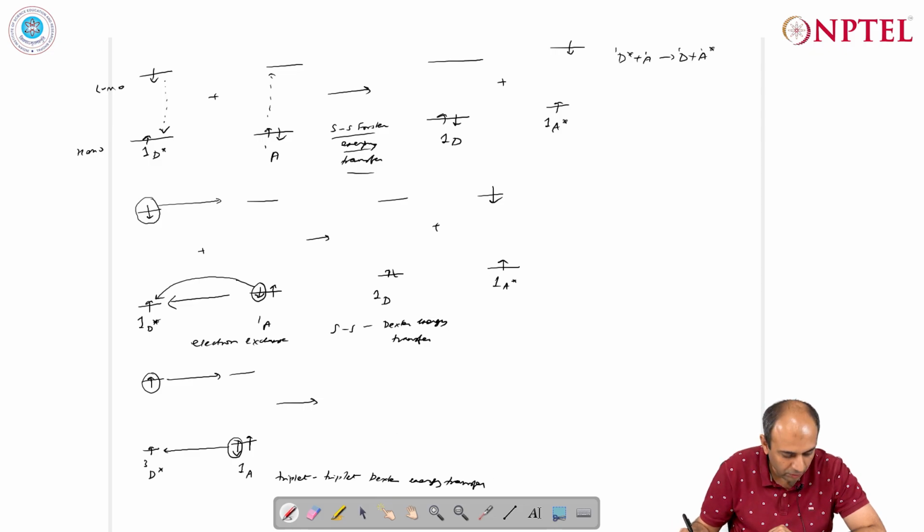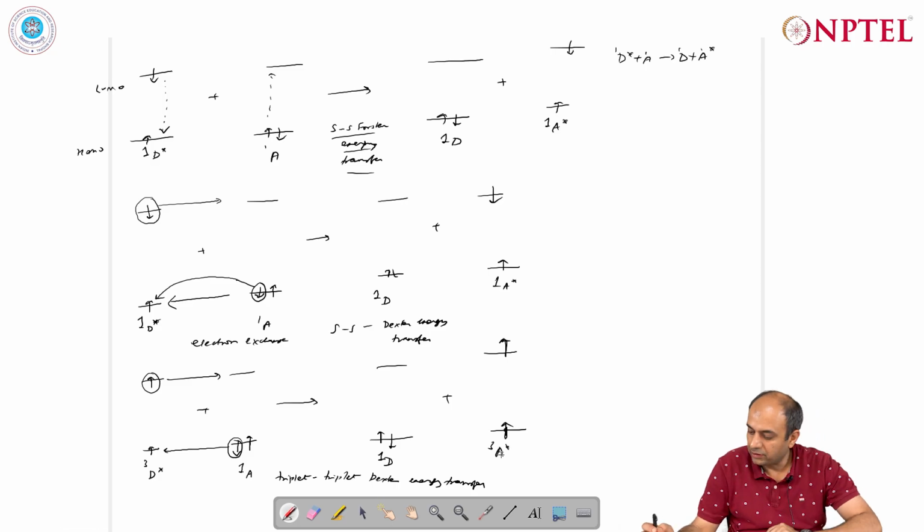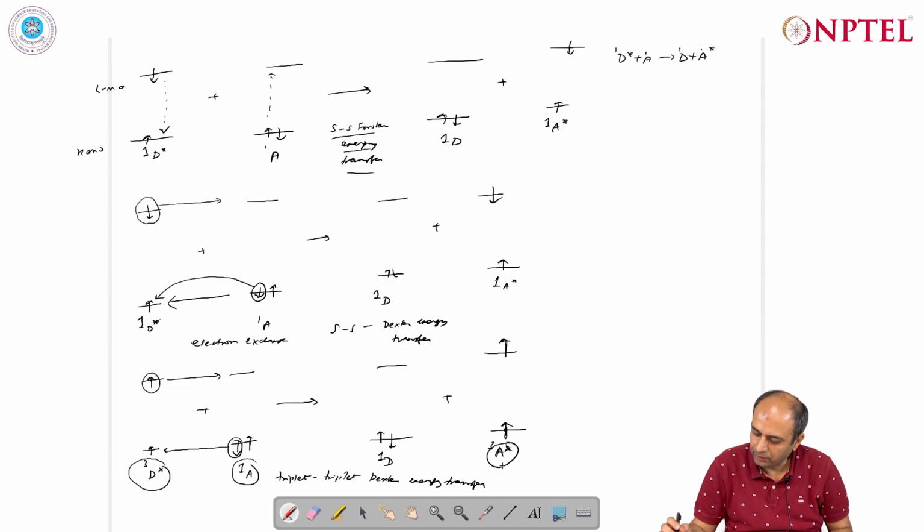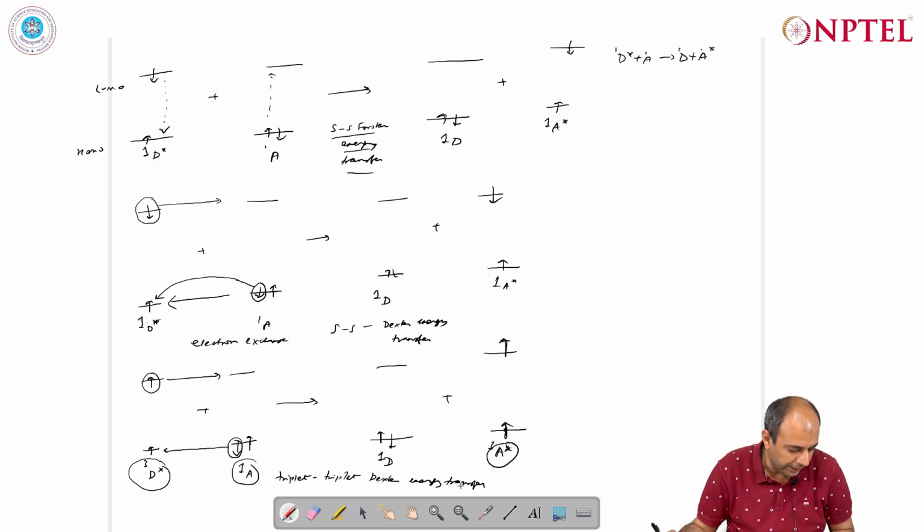So this will lead to the formation of the ground state of the donor and the triplet state for the acceptor, which is in the excited state. So this is the donor triplet, this is the acceptor triplet. So this is a triplet to triplet Dexter energy transfer which can operate.